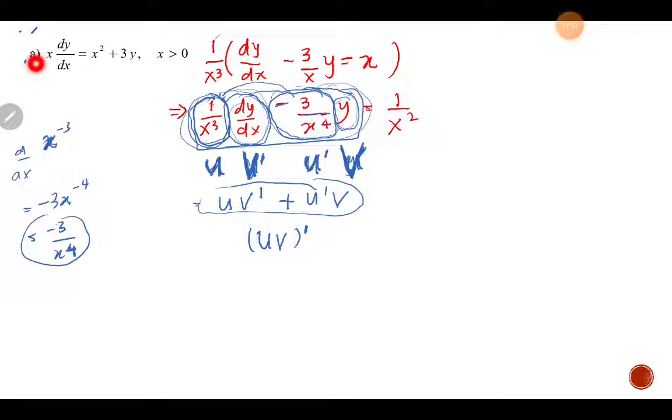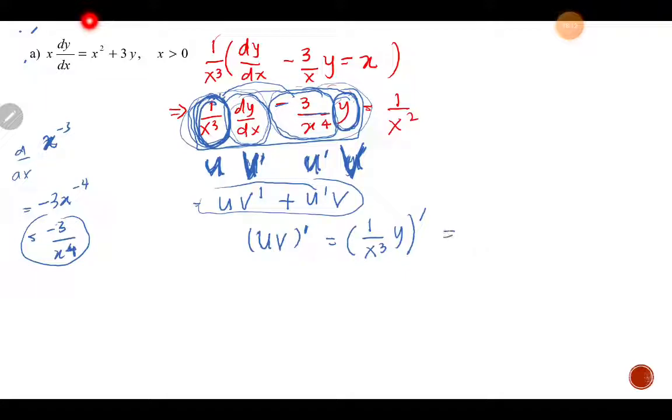So sekarang ni apa u and v kita? U kita adalah 1 per x cube. Ni adalah kita punya u, and v kita adalah y. V prime kita adalah y prime.